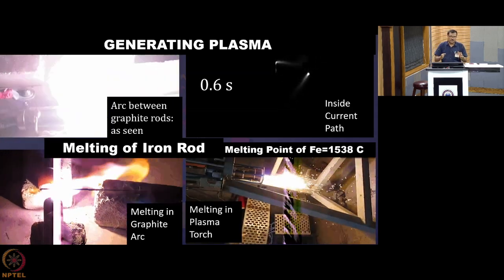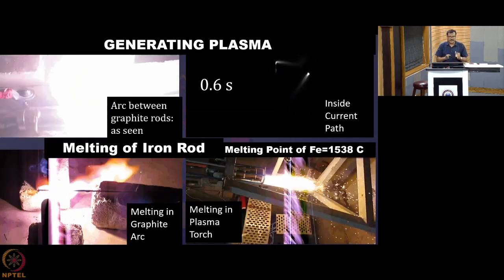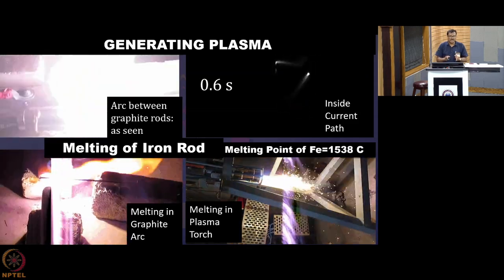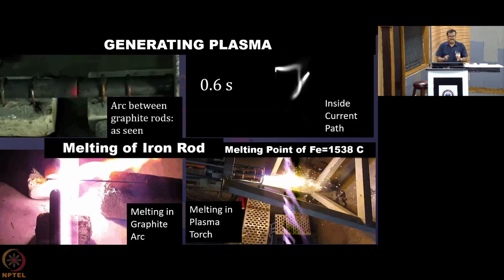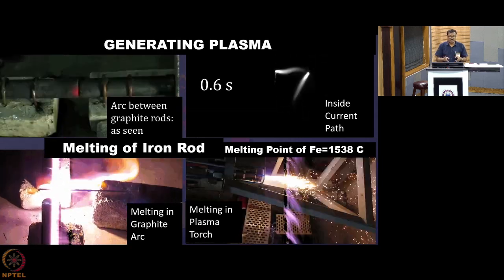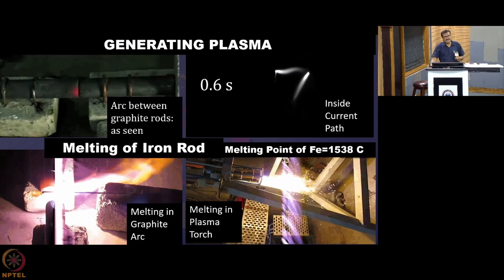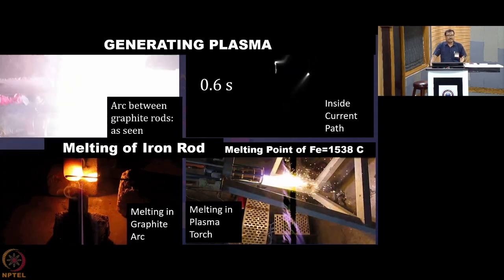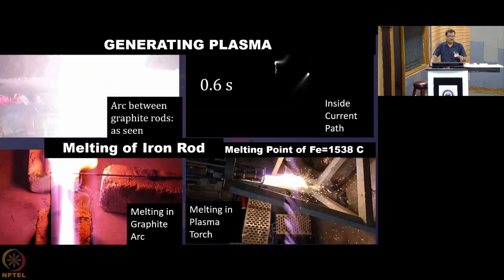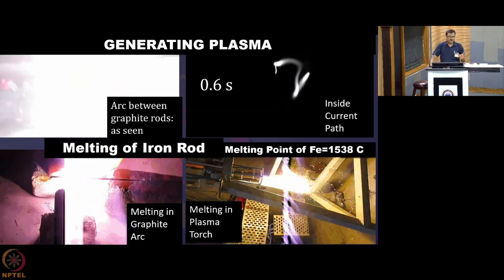When you are able to control this arc, which is now moving in a very erratic fashion, if you are able to tame this erratic arc in a way that it stays in a shape and continues to heat in a very, very well-defined manner, then you can reach a temperature well above 10,000 degrees Kelvin. But if you allow an arc to move like this, it may not reach that high temperature.